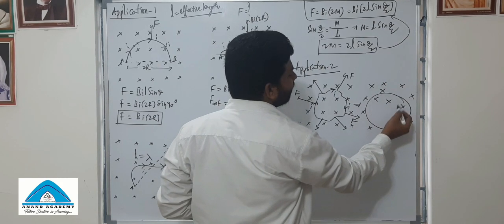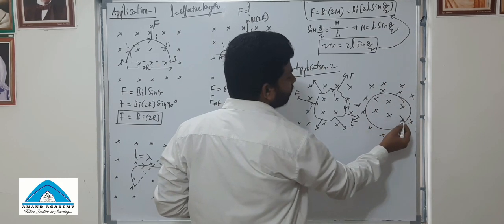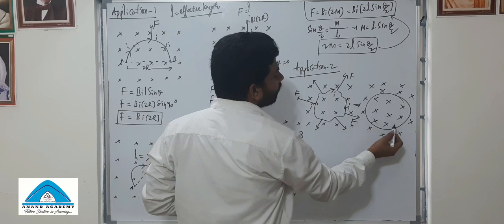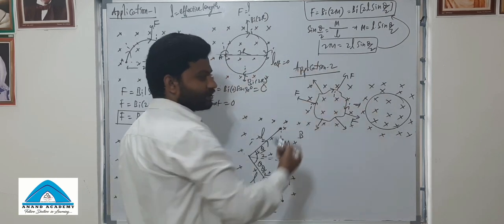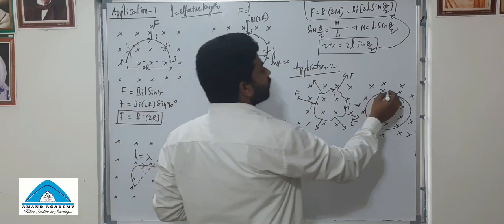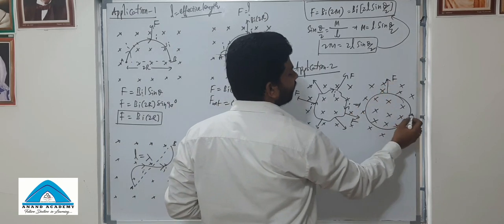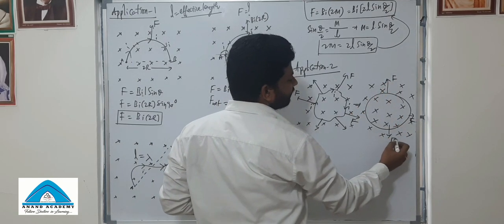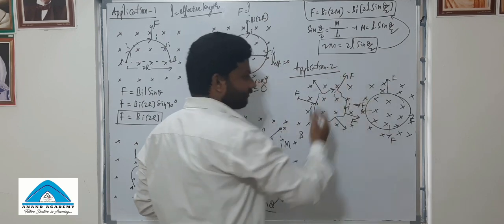That's an important part here. After some time, the same wire will come into a circular shape with the forces as usual. This is F and this is F and this side it's F and this side also it is F.